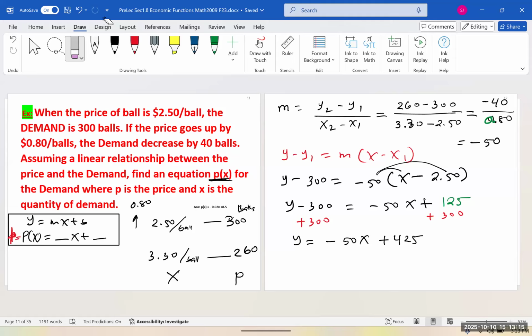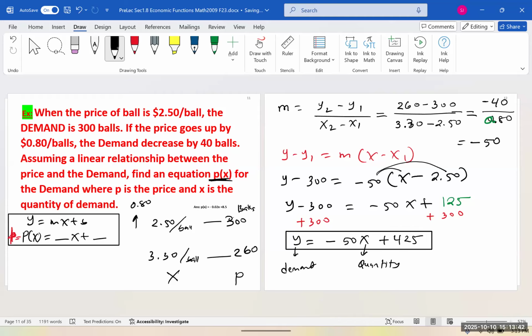So it should go on the Y. Well, this is not wrong. This is also correct. But here, we just flipped our numbers. We thought the other way. So here, this is our X, the quantity. And this is our demand.